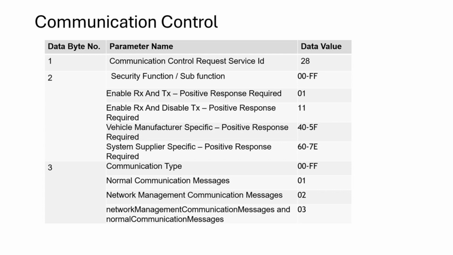Enable RX and disable TX is 01. Then for normal communication you will send 01, and network management communication 02. So these are the supported subfunctions.